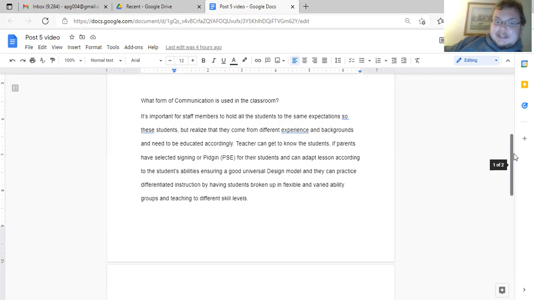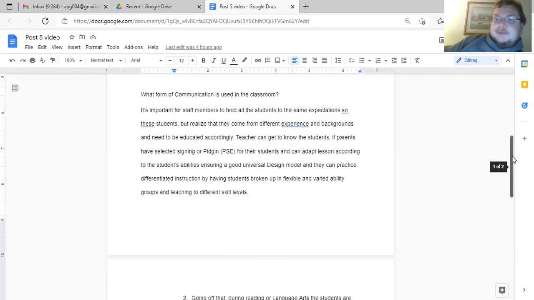Maybe some students are more fluent with ASL in certain groups, and a few students who are used to using Pidgin could strengthen each other's skills. So that could be really cool.